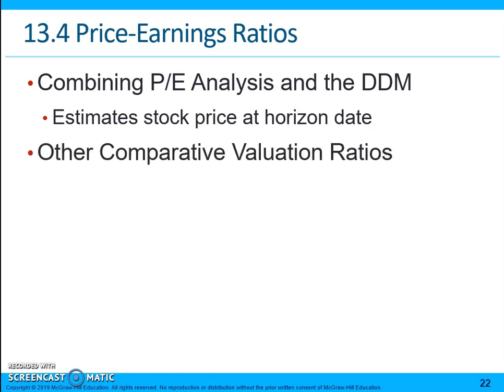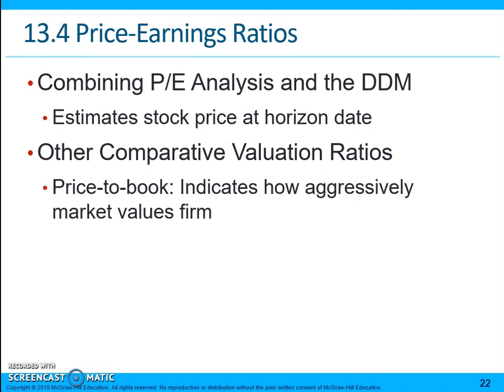We also use other valuation ratios, although price earnings ratio is by far the most widely used. Price to book is an indication of how aggressively a firm is valued by the market. A firm with a low price to book ratio is considered to be undervalued.